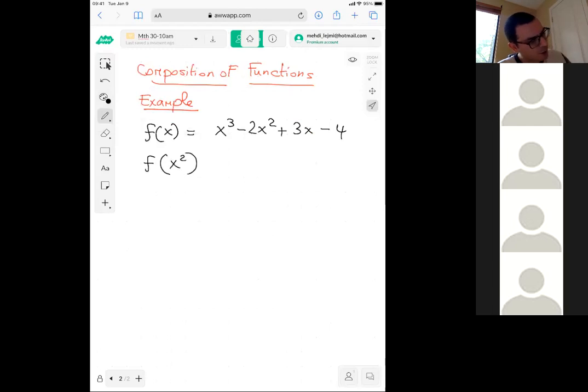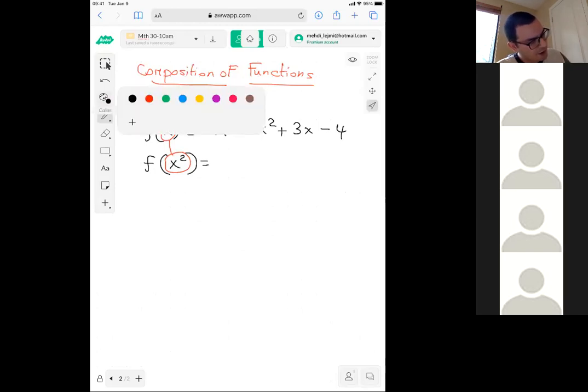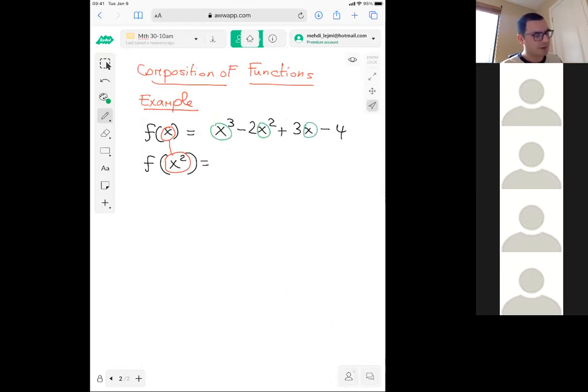Whenever you see x, it becomes x squared. You see here I have an x in here, an x in here, and an x in here, right?